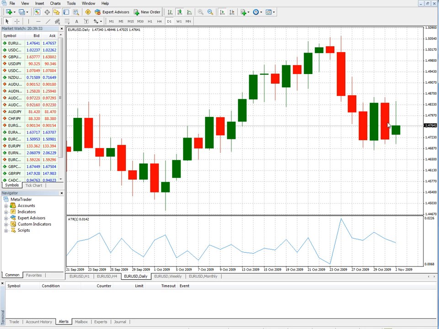So this bar right here in particular would be an inside bar. And the bar today on my chart is looking like an inside bar so far, but the day's not over yet, so it can go either way.